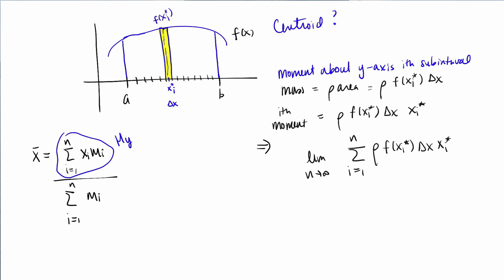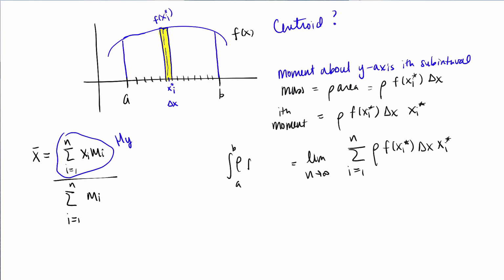And then hopefully you look at this and you realize that this is just the definition of the integral. So this is just the integral from a to b of rho, and then as I go to the continuum, the xi's become just x. So we have f of x times x.